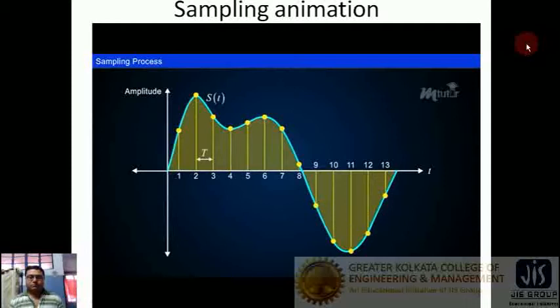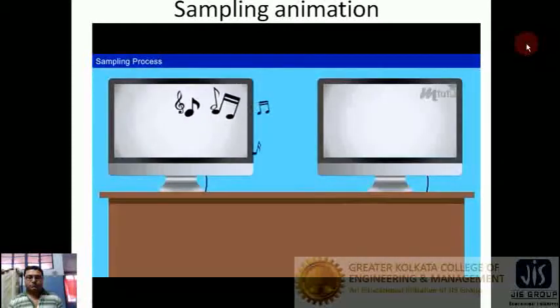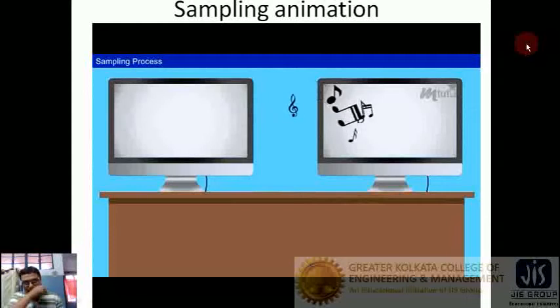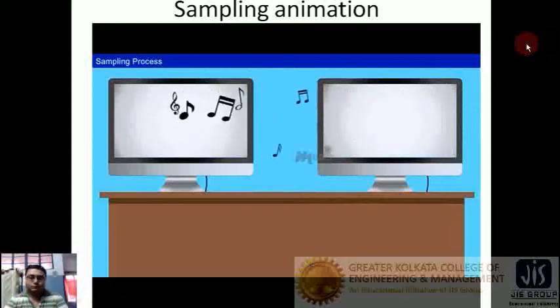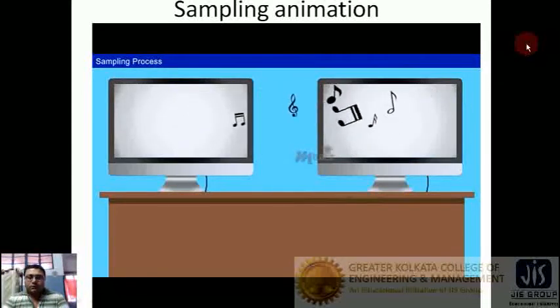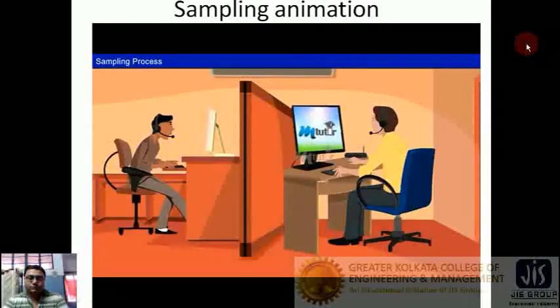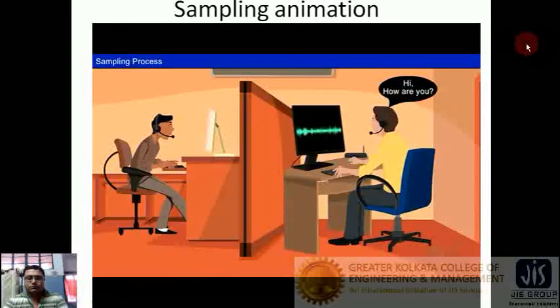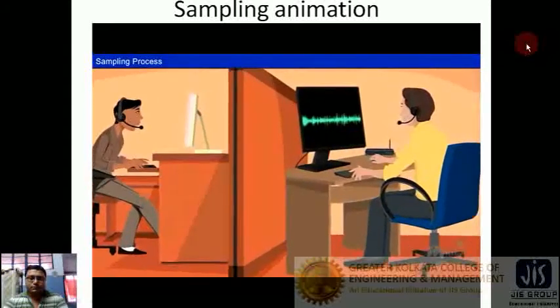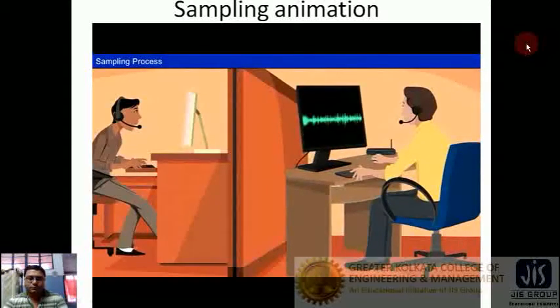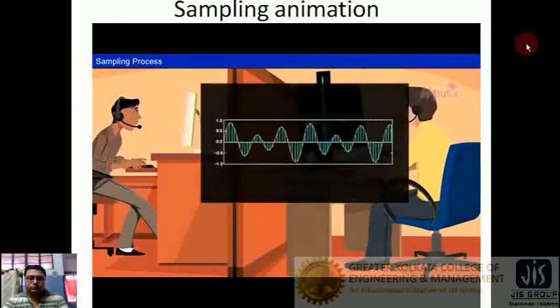Now, let's see an application of sampling, encoding, and decoding in data transmission. Consider a person sends a voice message to another person. The voice of the person is an analog signal. This analog signal is sampled at regular time intervals so that it can be reconstructed to the original analog signal.